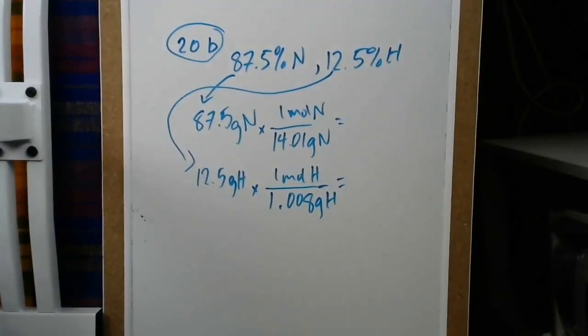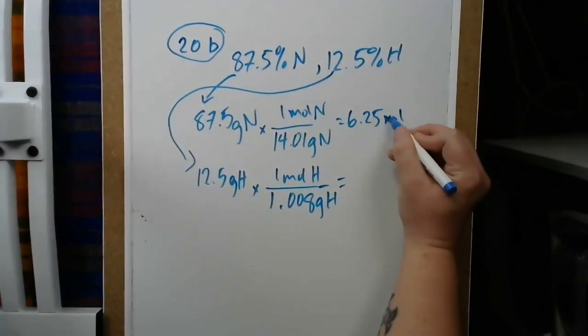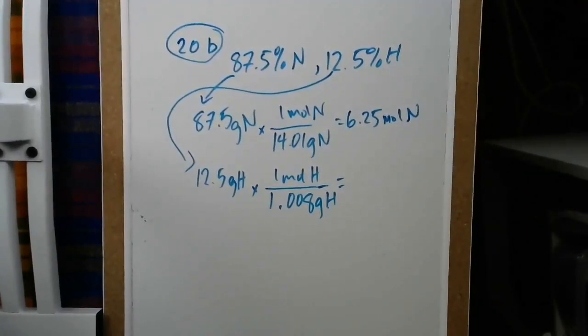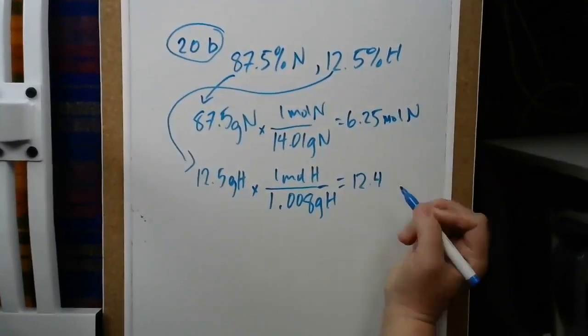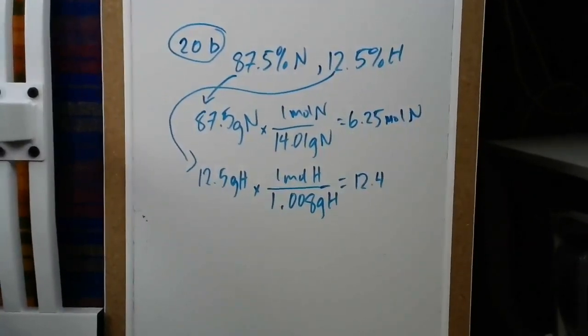Let's see, now I can do all my calculator work. So 87.5 divided by 14.01 is 6.25 moles of nitrogen. And 12.5 divided by 1.008 gives me 12.4 for this.